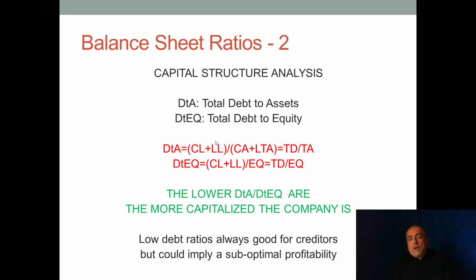Basically, the more the company is capitalized, the less the risk of bankruptcy. Why? Because if you have an 80% equity to asset ratio, you have only 20% of debt. It will be very easy, even in critical situations like the ones we are living right now, to think of a way to refinance your 20%, or you can liquidate assets. So these are concepts that should be very, very familiar to you.